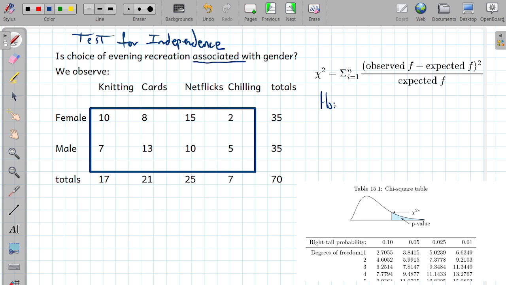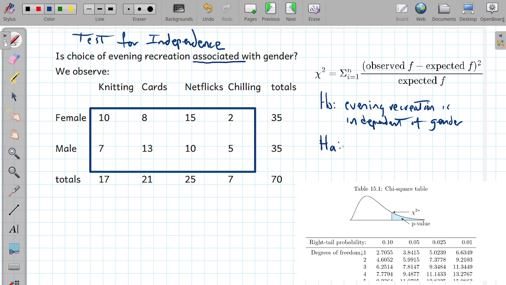Anyway, getting back to this, the H null is that evening recreation is independent of gender, whether you're male or female. The null hypothesis is always going to be the opposite of the alternative.